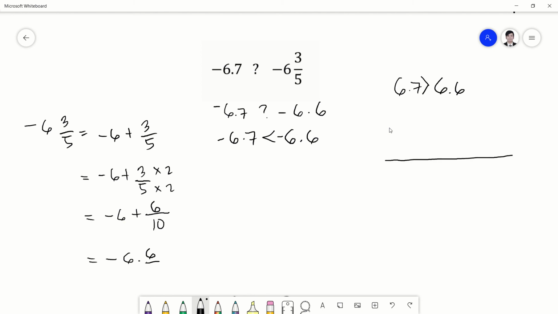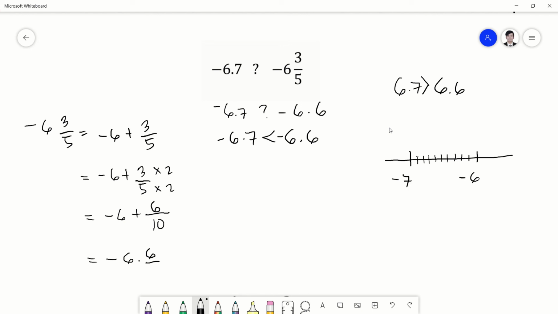Why is it that it's the other way around? If you look at a number line, this is negative 6, this is negative 7. The concept of decimal is dividing a whole into 10 because both of them are in tens place. So we're dividing this one into 10 equal portions: 1, 2, 3, 4, 5, 6, 7, 8, 9, 10.